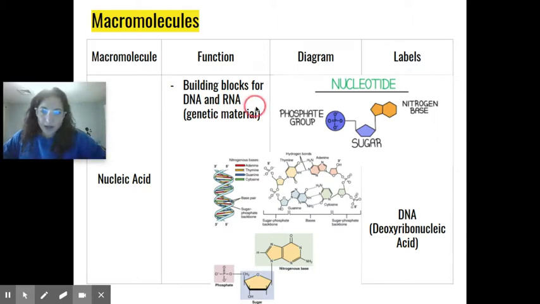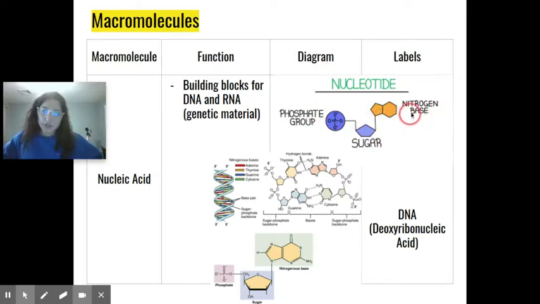And so in terms of a diagram, for DNA, our basic structure is called a nucleotide. That is a type of nucleic acid. And that nucleotide will always have what we call a phosphate group, a sugar group, and then a nitrogenous base. Again, we will be coming back to this in more detail when we look at genetics.